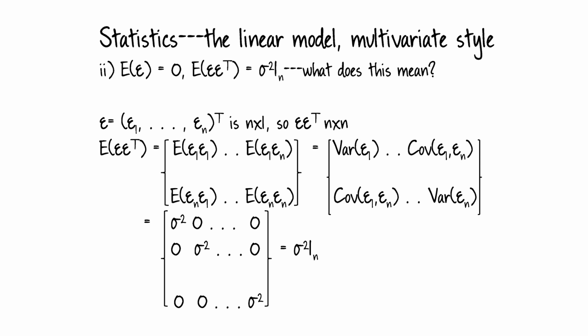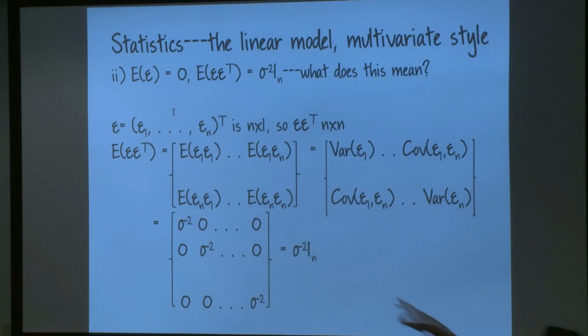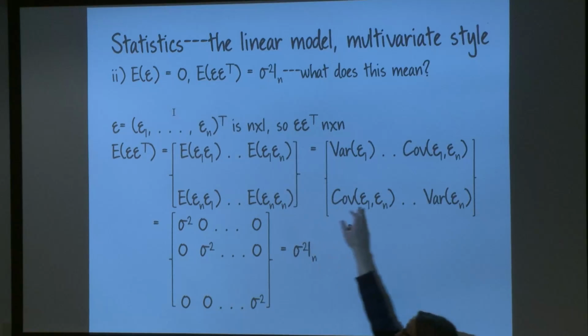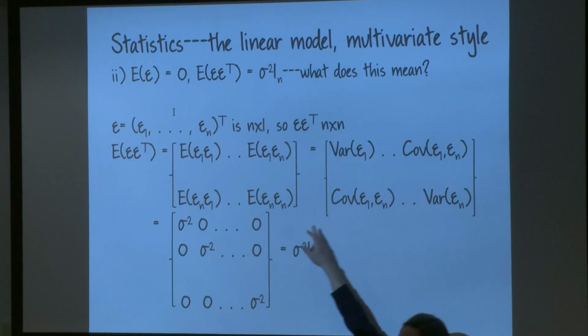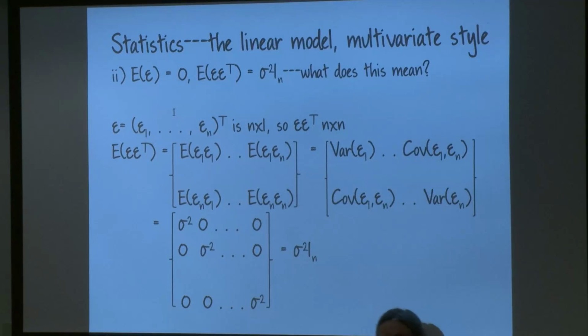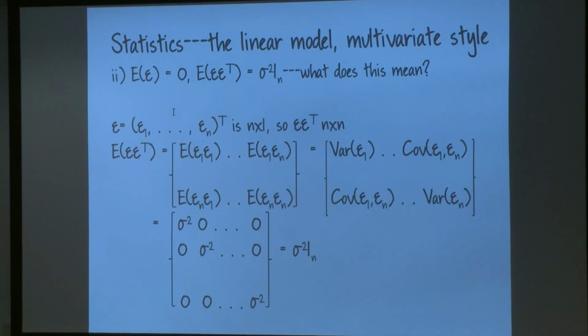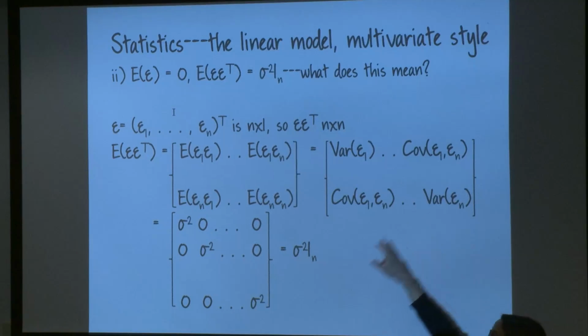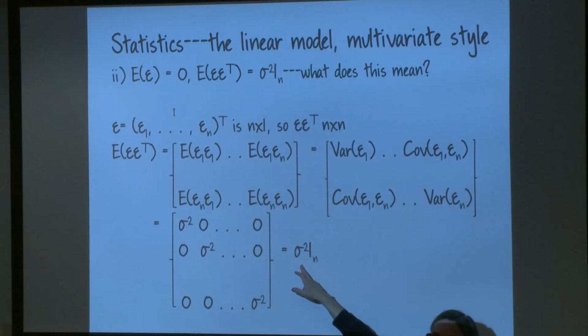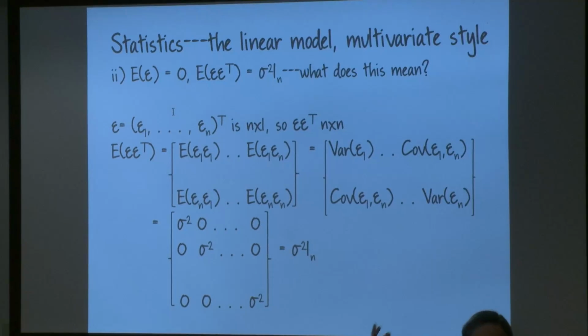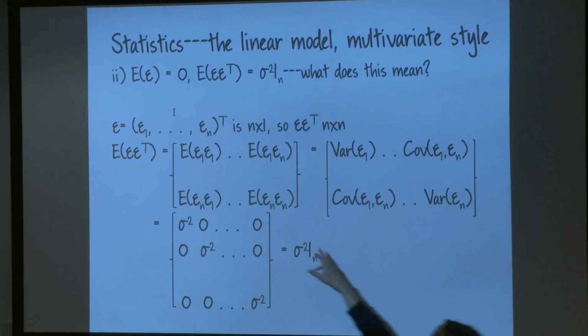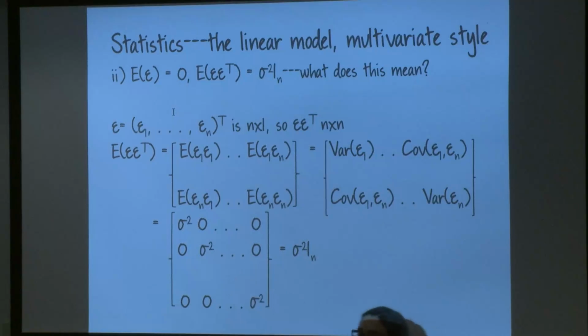Well, it turns out because the expectation of epsilon is identically equal to 0, this matrix is equal to this matrix. You can just do the calculations. It's just 2 lines to convince yourself. But I could have expressed this assumption by just saying that this matrix is equal to this, okay? But for whatever reason, we often see it written as this matrix is equal to this.